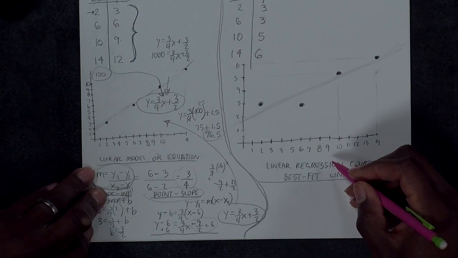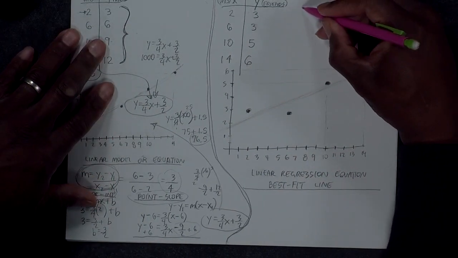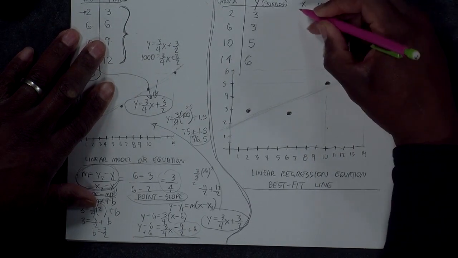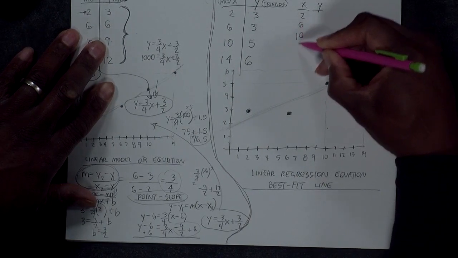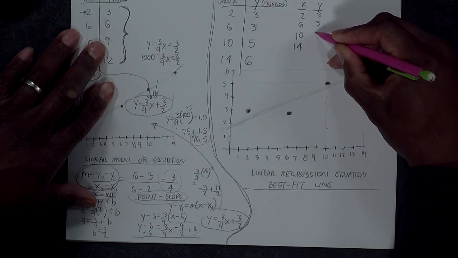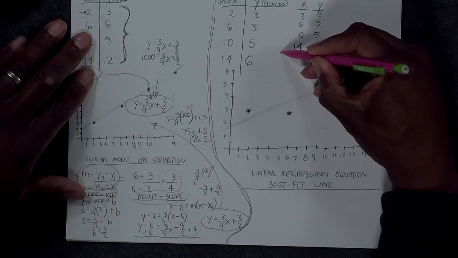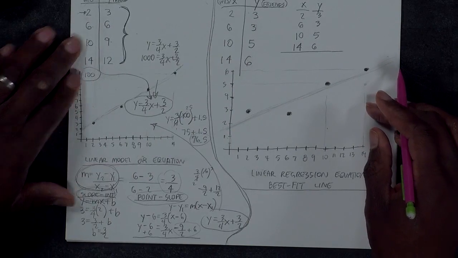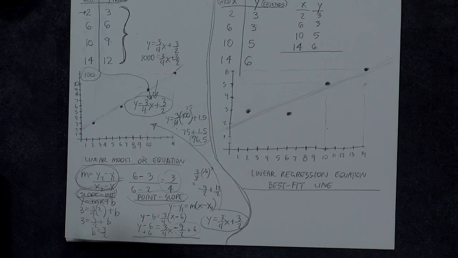The way we're going to find this slope is to look at our data here. We've got x values and y values: 2, 6, 10, 14, and then we've got 3, 3, 5, 6. We're going to find the averages of these x and y values.